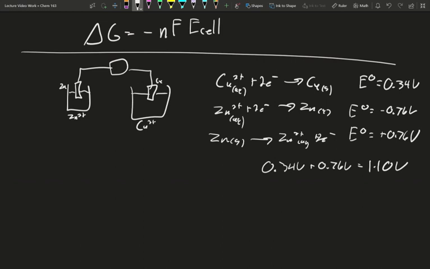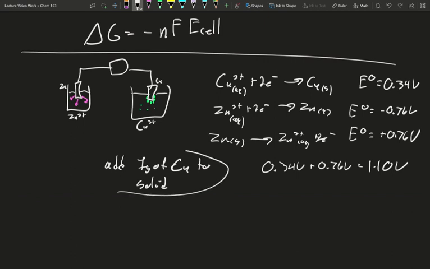Assuming we start at the standard state and we give it just a little bit of time, and we add 1 gram of copper to the solid. So a little bit of copper 2 plus ions start sticking to it. A little bit of our zinc ions start to break off from our zinc solid. And we don't let it get too far from standard state, so we're going to assume that we didn't really need to be concerned about our voltage changing much.